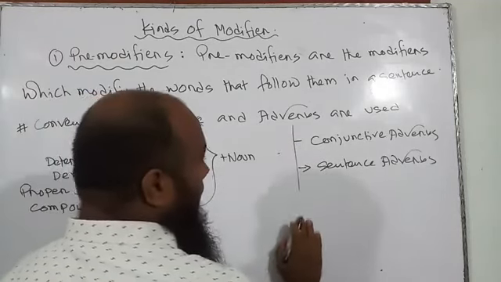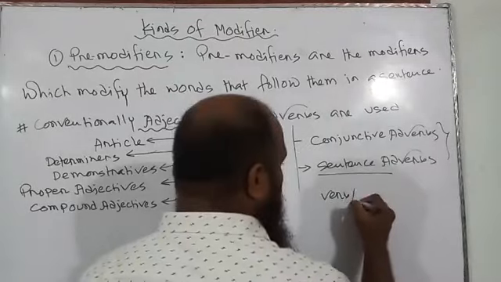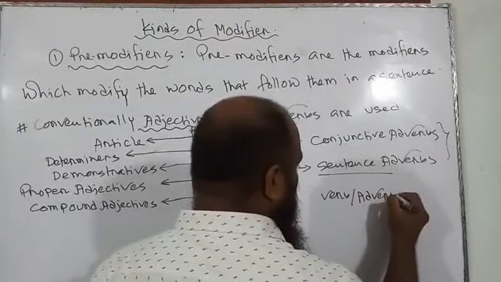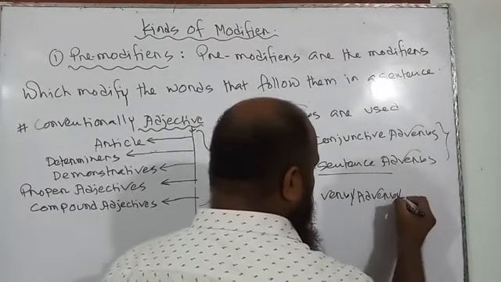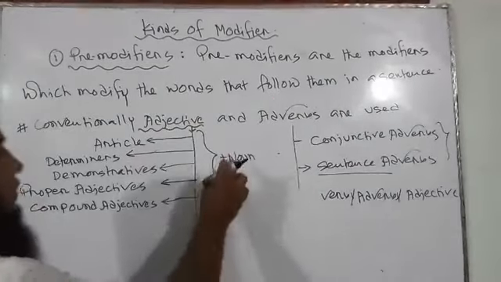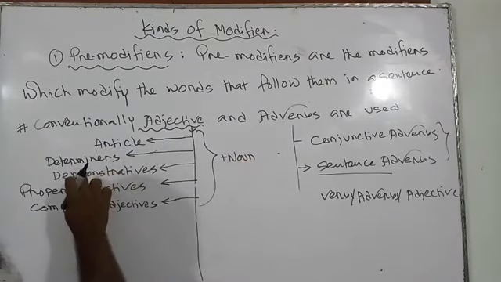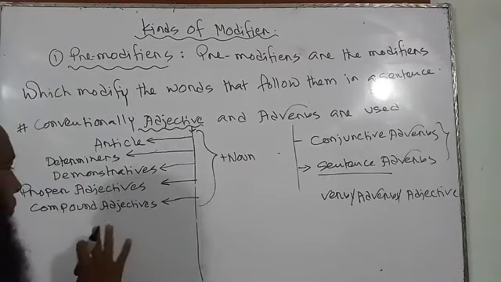I need to write here after that. This modifies verb, adverb, and adjectives. When it comes about the modifier of noun, then we use article, demonstrative, determiners, proper adjective, and compound adjectives.